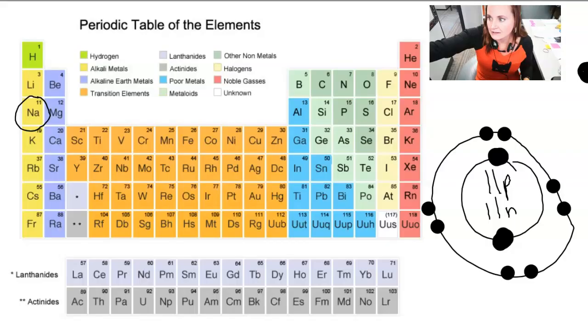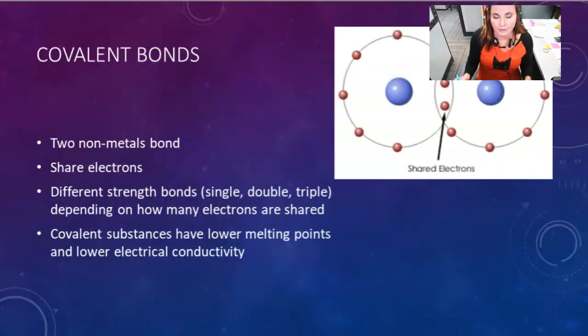Covalent substances also want the 8, but rather than just getting rid of electrons or gaining electrons, they share electrons when they bond together. So we're going to look at how that happens. How do they share electrons? A lot of times covalent substances are nonmetals.